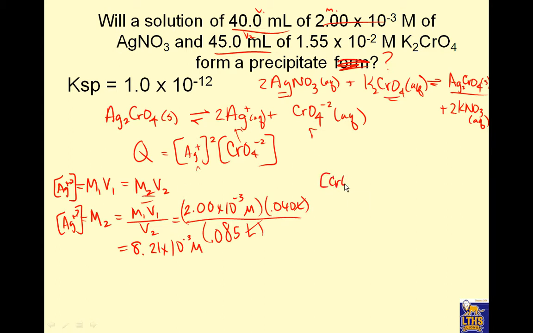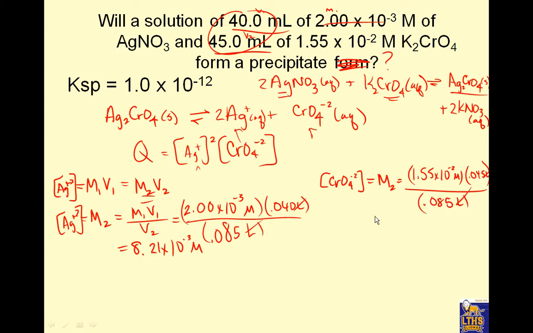So let's figure out the concentration of chromate ions. Where are the chromate ions coming from? Well, their concentration is going to be equal to the M1, which was the 1.55 times 10 to the negative second molar, times the original volume, which is 0.045 liters, divided by the total volume, which is 0.085 liters.